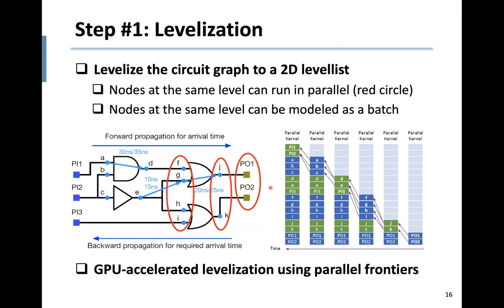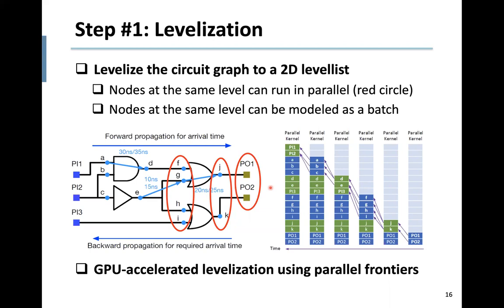So we do this level by level. We start from the first level. They do not have any precedence, and we use multiple GPU threads to expand the nodes to the next level. So let's assume, for example, at the first level you have 10 nodes, and then we use 10 GPU threads to expand.